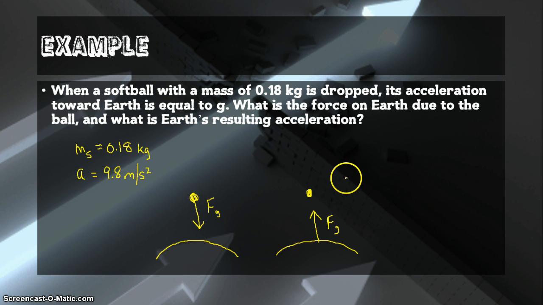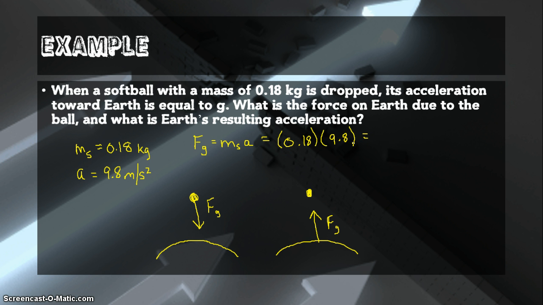Because these forces are going to be equal and opposite, let's figure out the force of gravity, which is equal to the mass of the softball times the acceleration of the softball, which is again 9.8. And we can say the mass of the softball is 0.18 times 9.8.